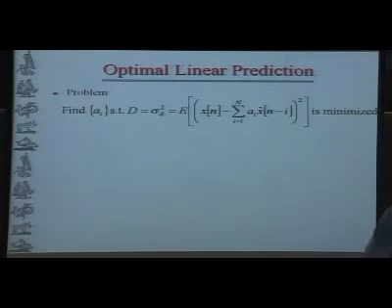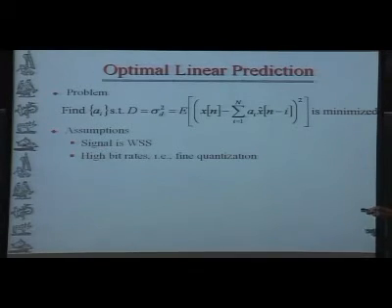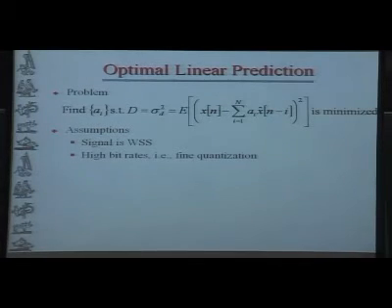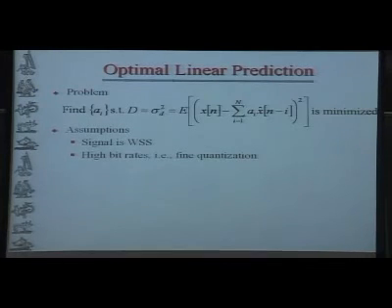But before we do that, I need a couple of assumptions. The assumption is that my signal will be wide-sense stationary, because I don't know how to deal with multi-dimensional signals very well. Too bad. Wide-sense stationary is pretty much the only random process that allows us to do simple mathematical derivations. I'm also going to assume we have a high bit rate, so fine quantization, so that I have a uniform distribution in the noise.